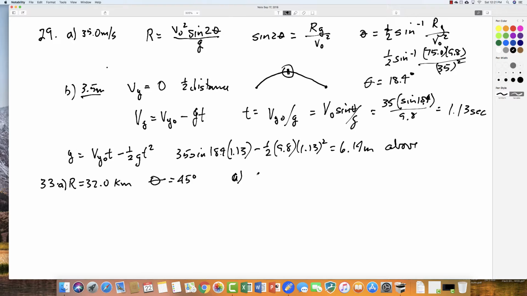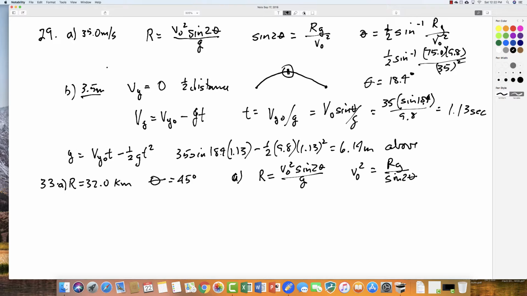Well, for the initial velocity, we're going to use our range calculation again. So R is equal to V0 squared sine 2 theta over g. That means that V0 squared is equal to Rg divided by the sine of 2 theta.